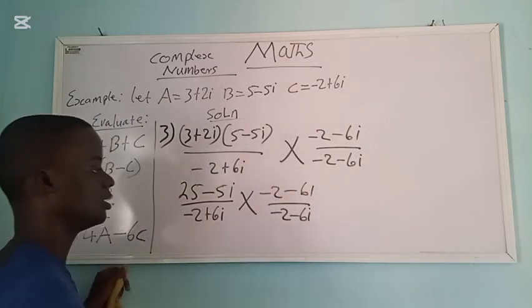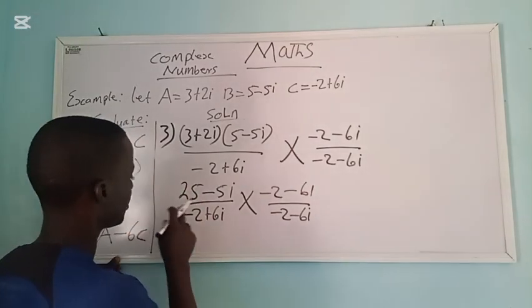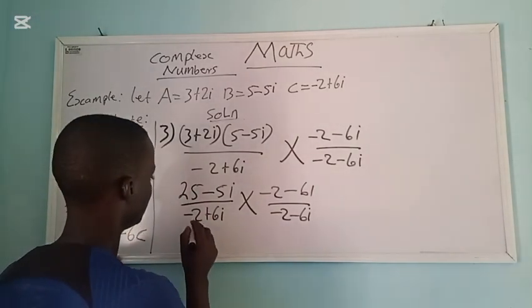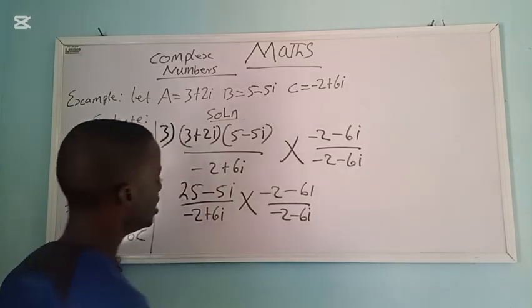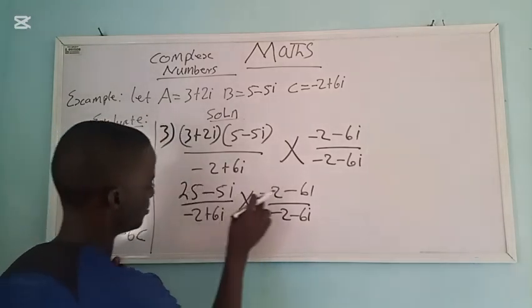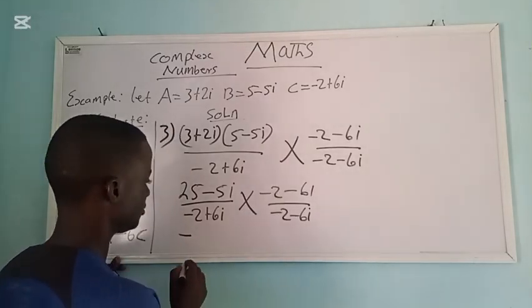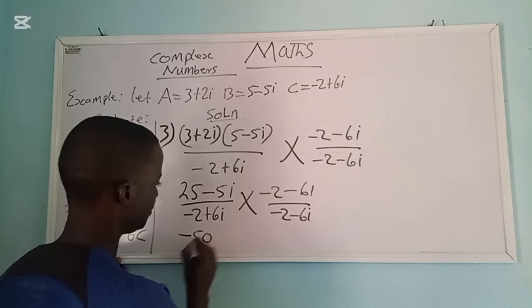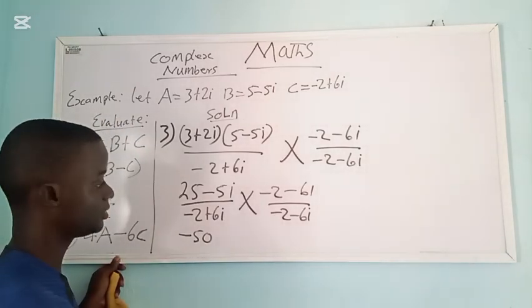So now I can multiply it. Let me start from the top. We said 25 times minus 2. This 25 times minus 2 will give us minus 50.